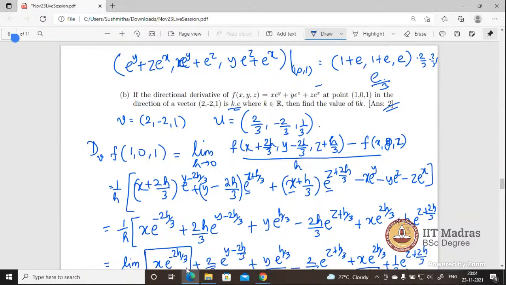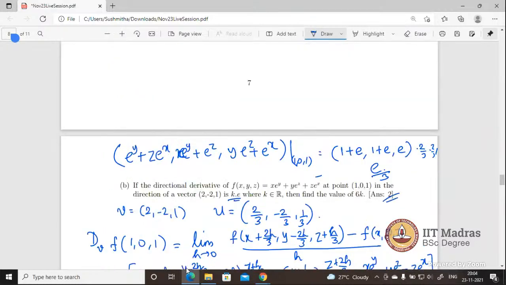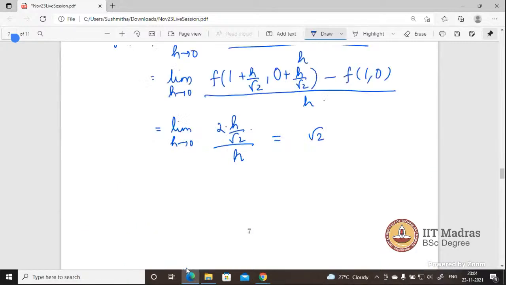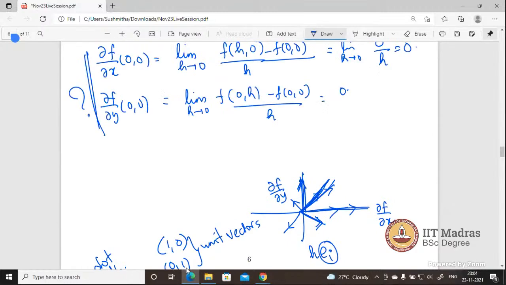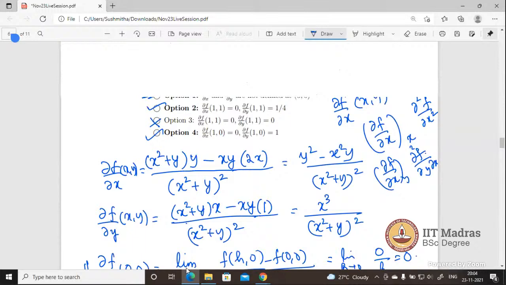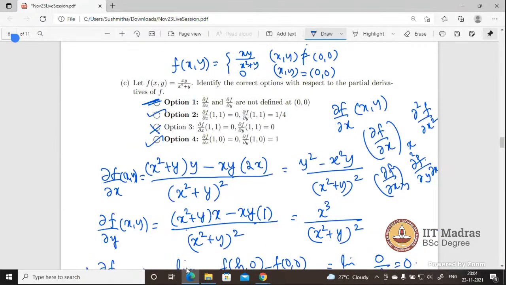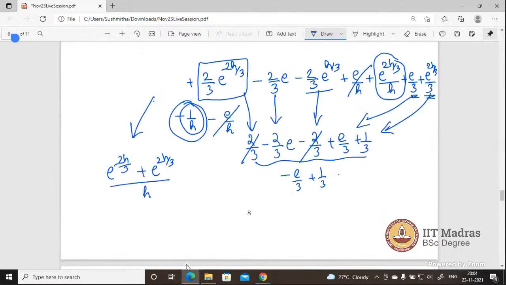Okay, so I will do this one and that not defined thing. All right, ma'am. Okay. So anything else with respect to directional derivative, partial derivative? I've included one more problem. So how will we find the directional derivative here?